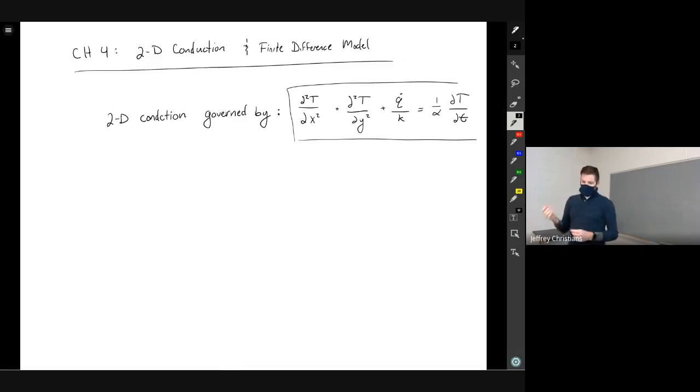This equation allows us to look at more complex problems, obviously going from something that's just changing in a single dimension to something like that thing on the bottom where we have multiple dimensions going on. You guys have an appreciation of how messy analytical solutions can get in one dimension.